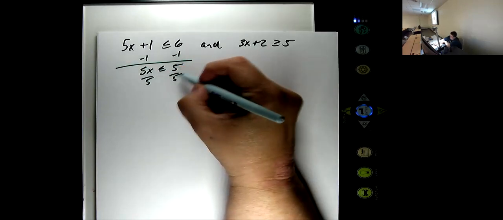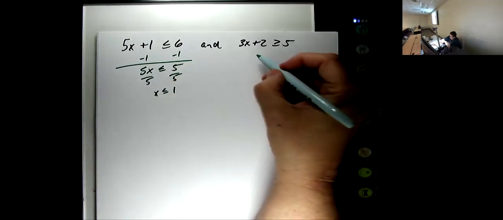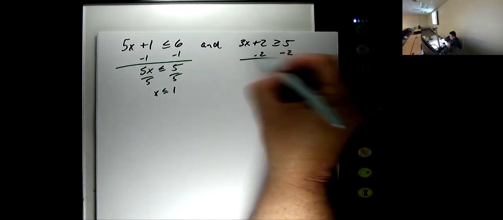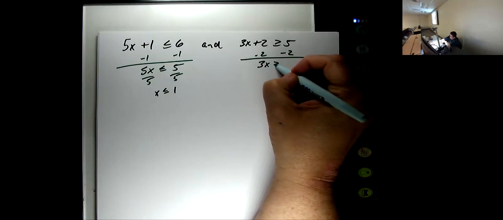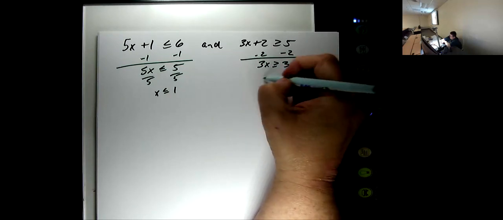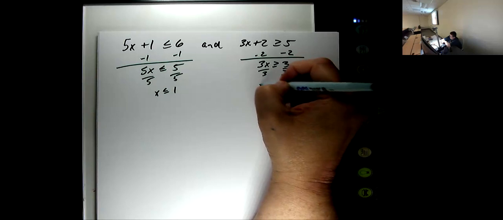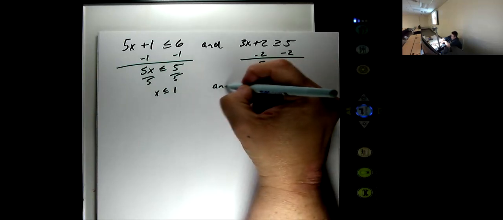Divide by 5, we have x is less than or equal to 1. Divide by 3, x is greater than or equal to 1.